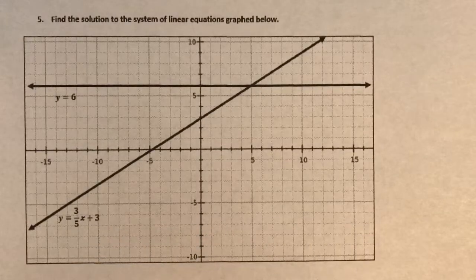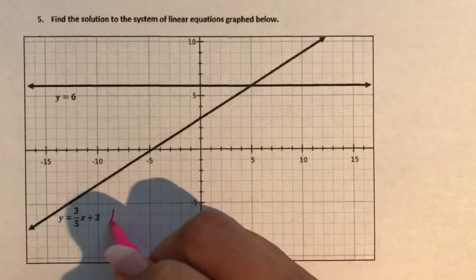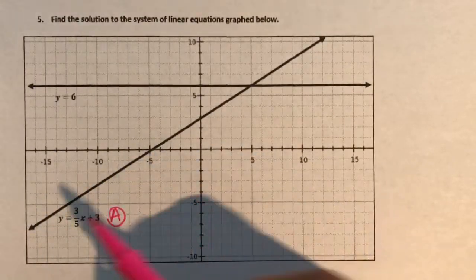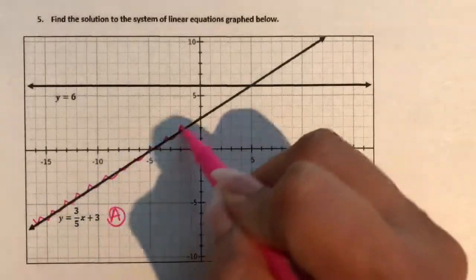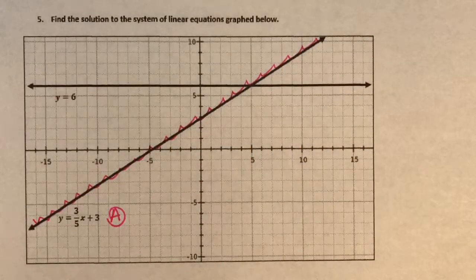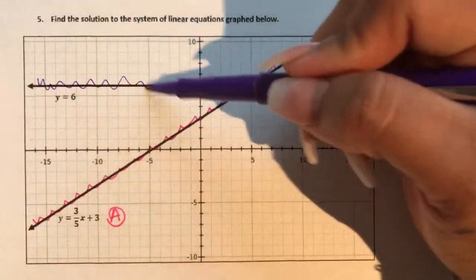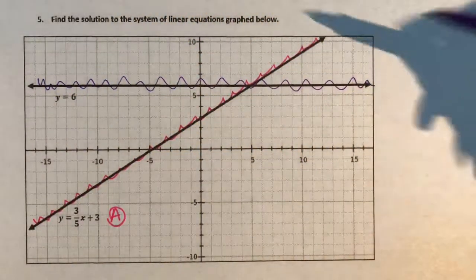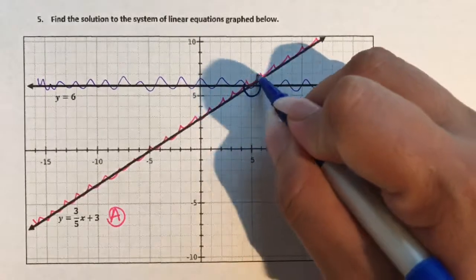So let's follow the lines. Line 1, or equation A, is going to be right here. Line 2 is going to be y equals 6. Look at it. Where they cross is located right here.